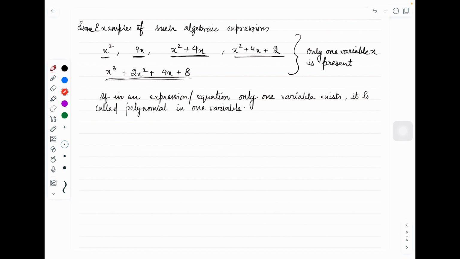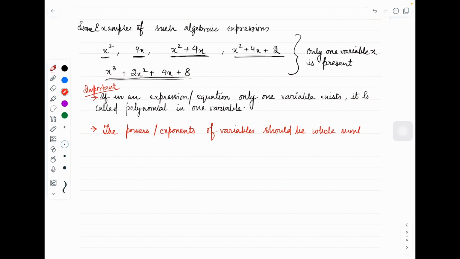See, this is important. We call it a polynomial in one variable only if in the expression or equation only one variable is present. This is one point. The second point is that the powers, which in the previous chapter we called exponents, the exponents of variables should be whole numbers.